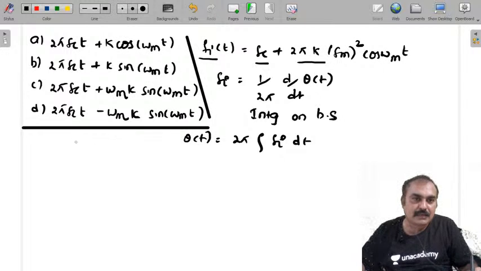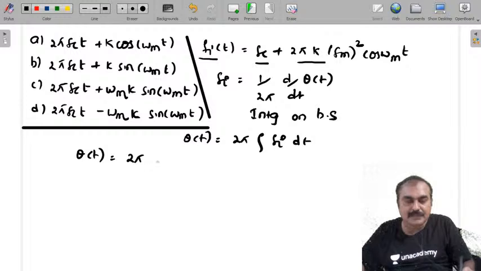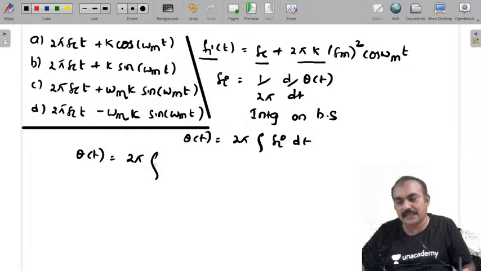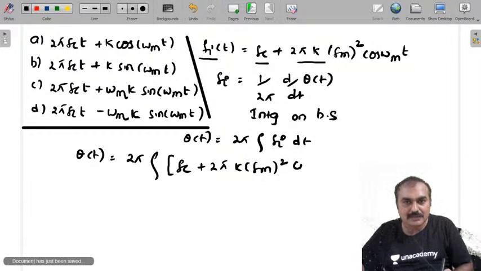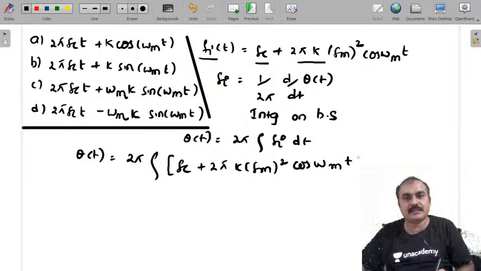Therefore theta of t equal to 2 pi into integration of Fc plus 2 pi into K into Fm square into cos omega m into T, with respect to dt.